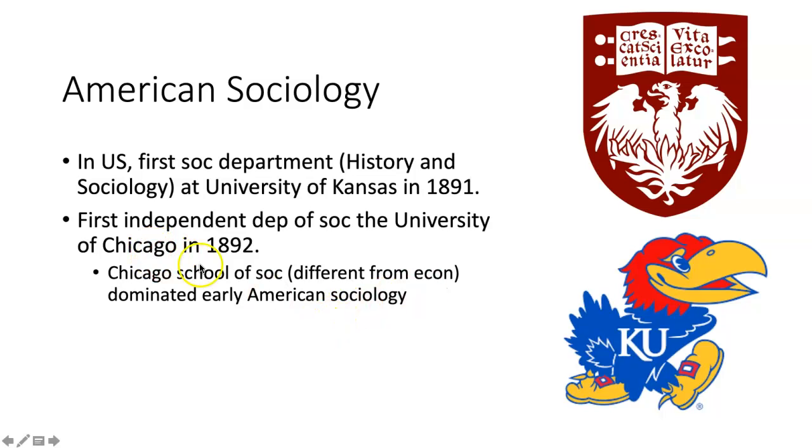The Chicago School of Sociology is more focused on social interactions. Some early work focused on assimilation and those related issues, more cultural in orientation. So the Chicago School is really dominant in the early part of American sociology.